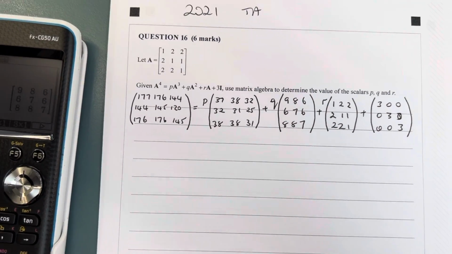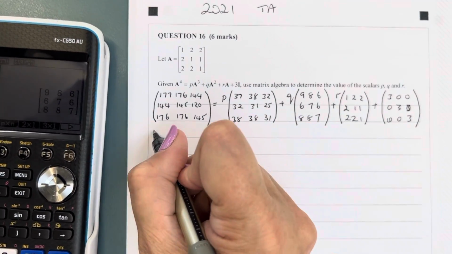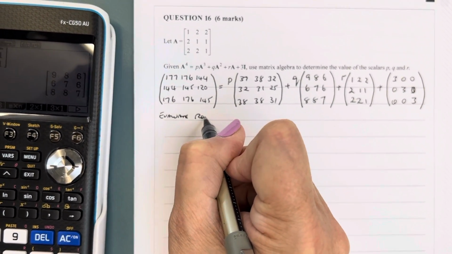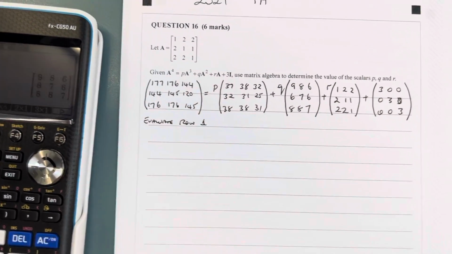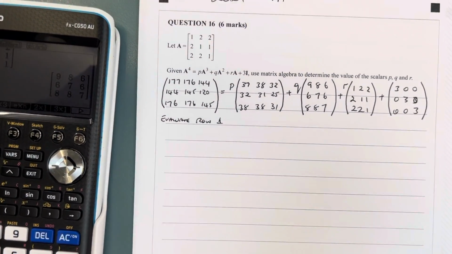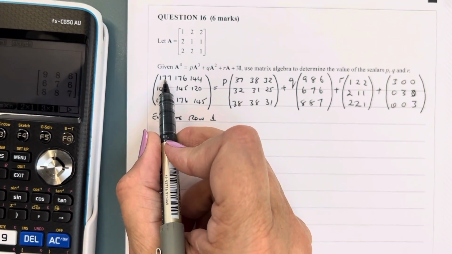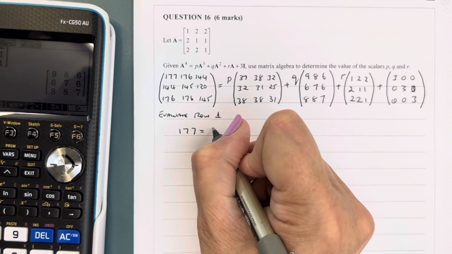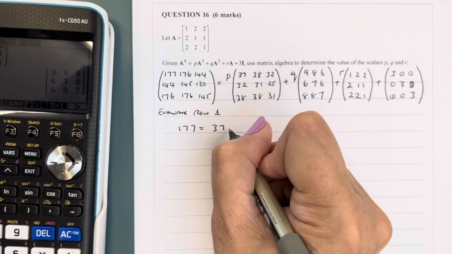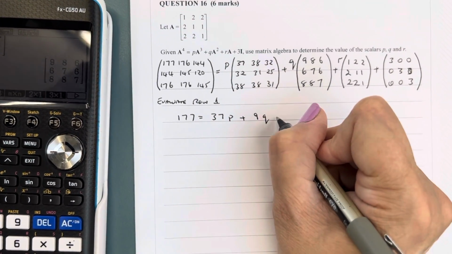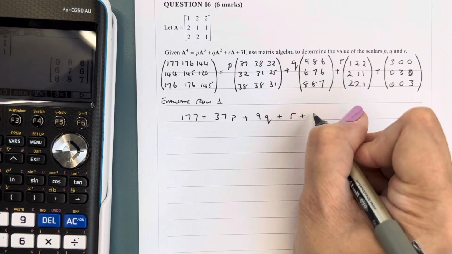We need to evaluate. Now I'm going to evaluate row 1 because it is just adding everything. So you could get a lot of different adding. So what I mean by that is row 1, corner 1. I'm going to have 177 equals 37P plus 9Q plus R plus 3.